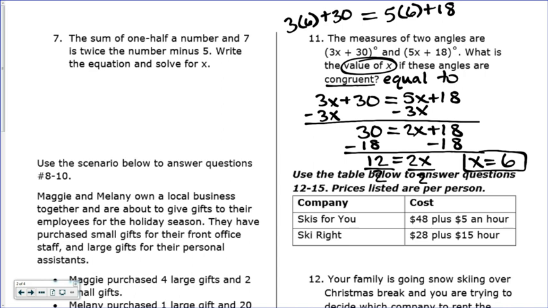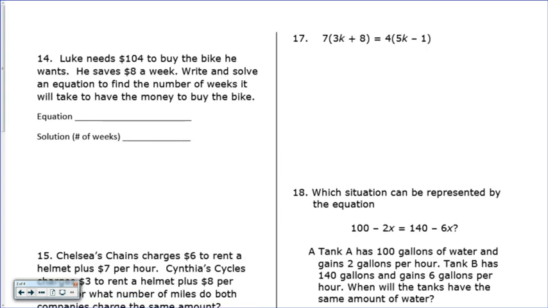Okay, let's look at number 17. This one has the distributive property in it. So you need to remember when that number is outside your parentheses, you're distributing it to everything on the inside.